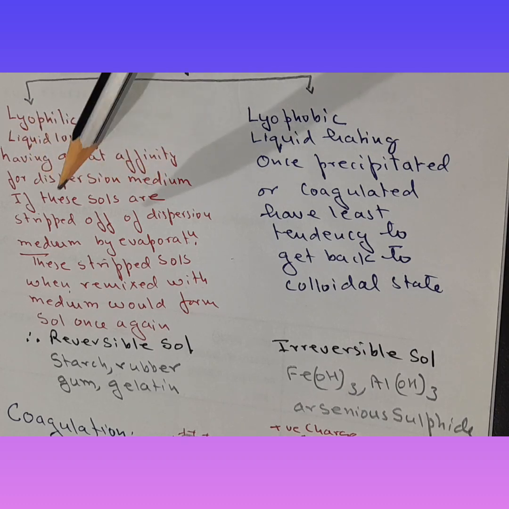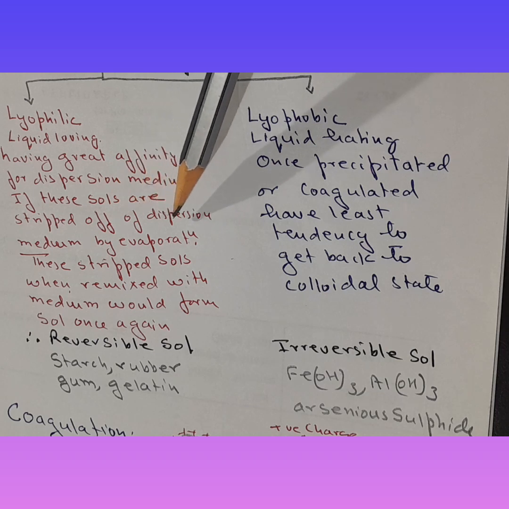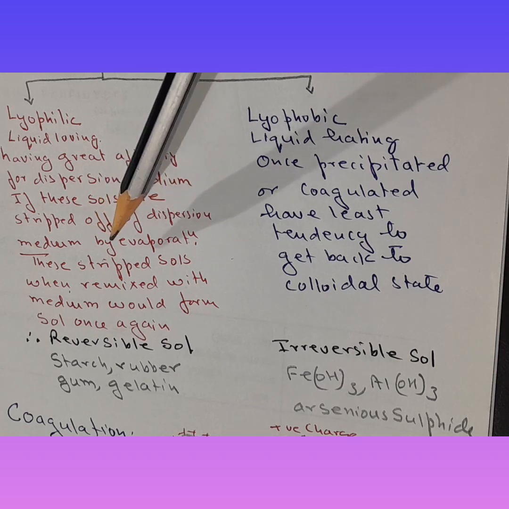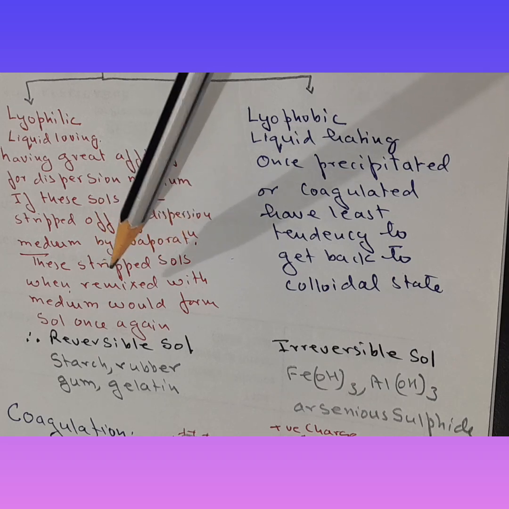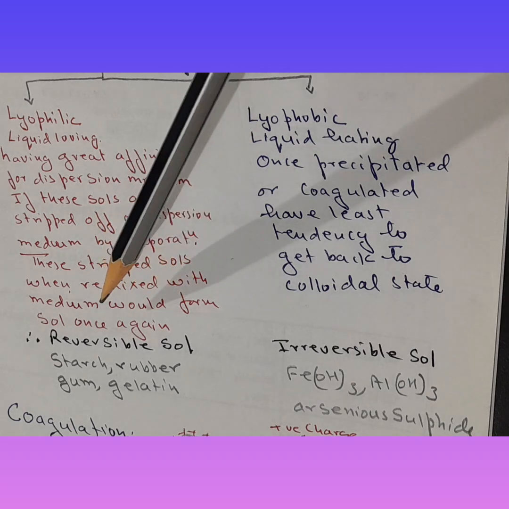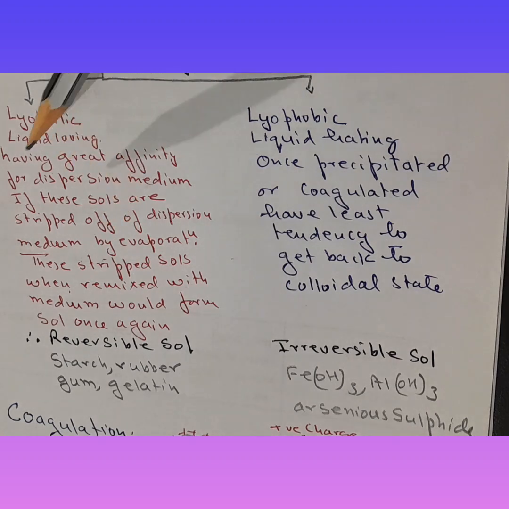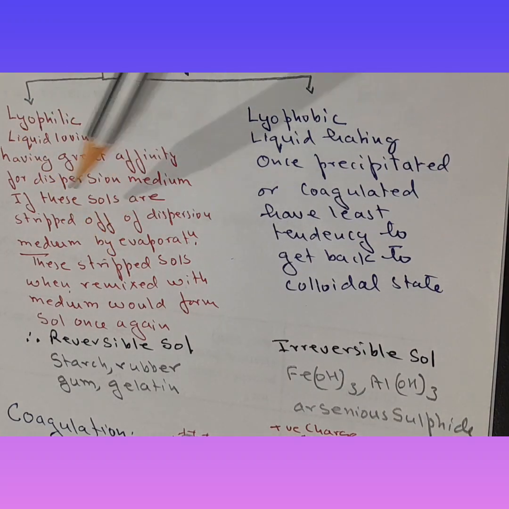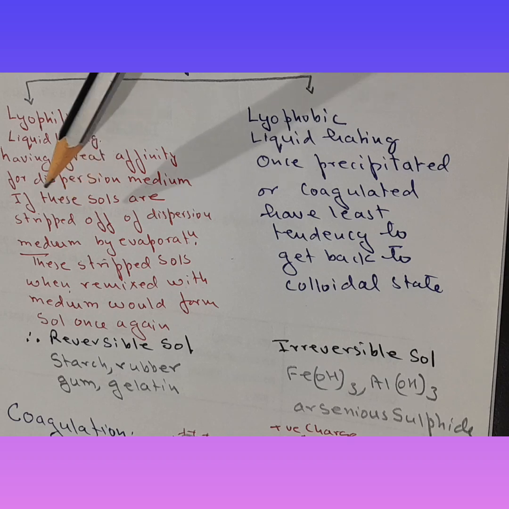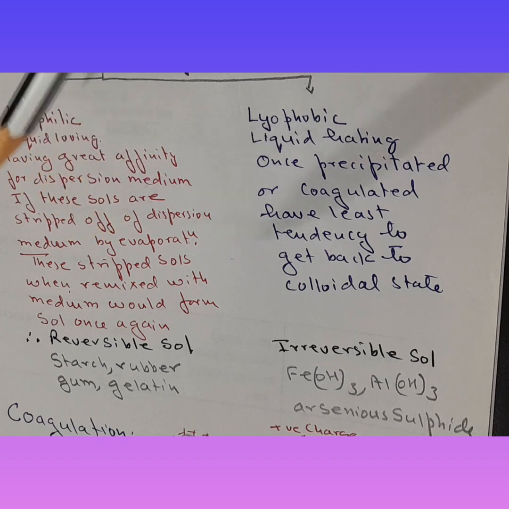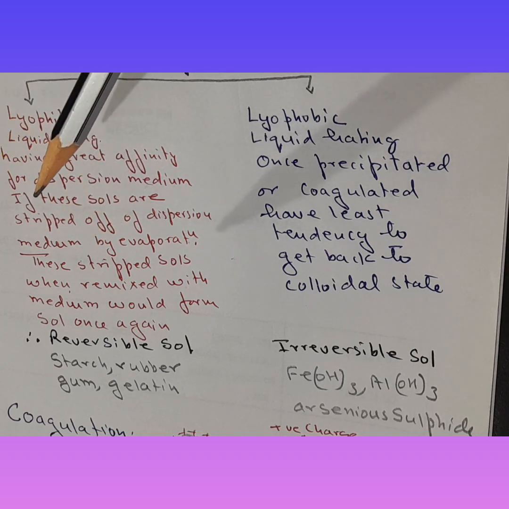If these salts are stripped of dispersion medium by evaporation, these stripped salts when remixed with the medium would form a sol once again. So lyophilic colloids are the ones where they get back again, even if we remove the dispersion medium by evaporation.